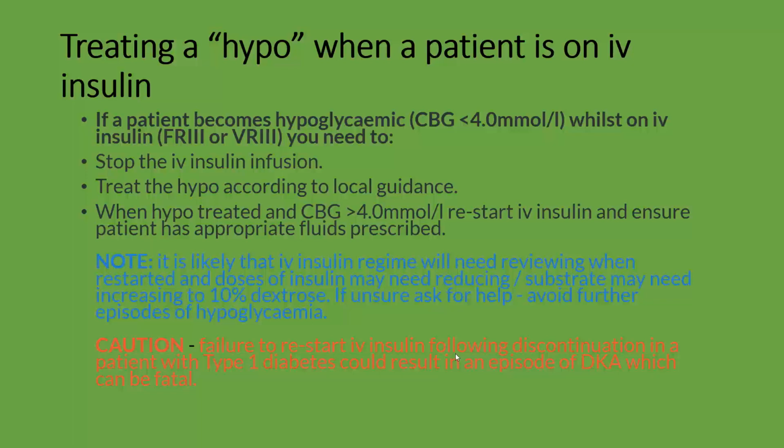So if a patient becomes hypoglycemic, that means less than 4 millimoles, whilst on IV insulin, whether it's fixed dose or variable rate dose, first stop the insulin, treat the hypo, and then when blood sugar is more than 4 millimoles, restart insulin. Sometimes you might adjust the dose, but you would restart it, and then give appropriate fluids.